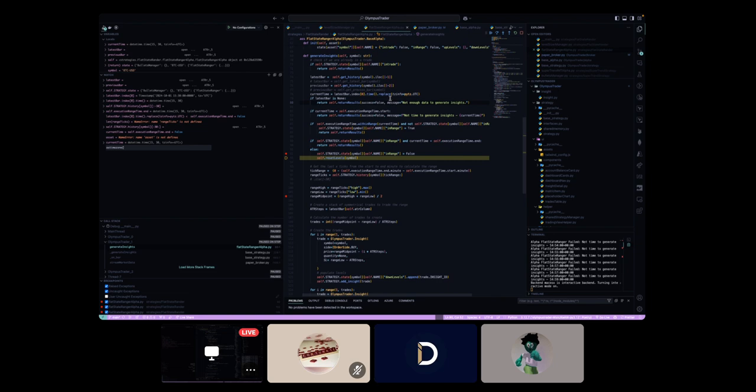Sorry, just give me one second to get the code written. It has no attribute set time zone. Wow, you really can't do that.